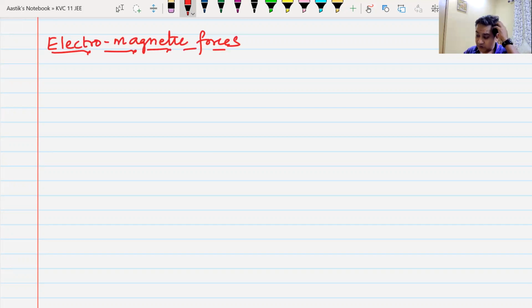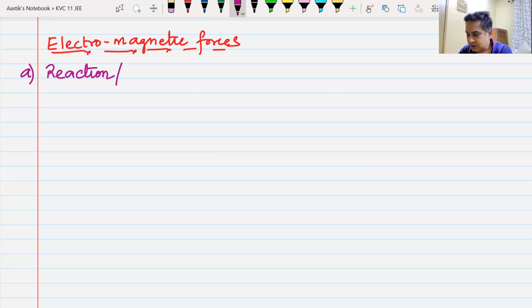And the first type of force that we are going to do here is known as which one? It is known as the reaction force. Or this word reaction may confuse you. You can also call it contact force if you want to. The actual name is the reaction force.